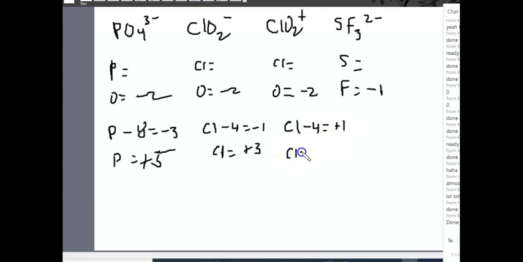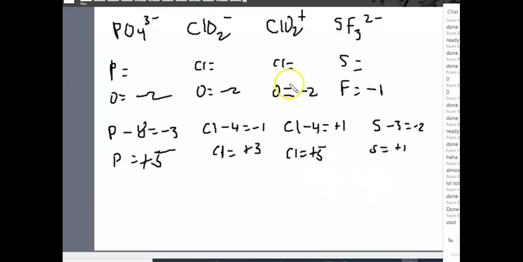So in this case, your chlorine has a +5. And then sulfur -3 equals -2, so sulfur equals +1. Any questions? Okay, cool.